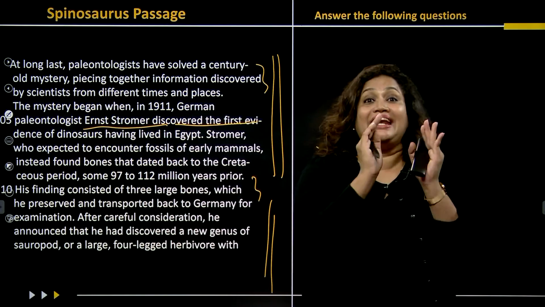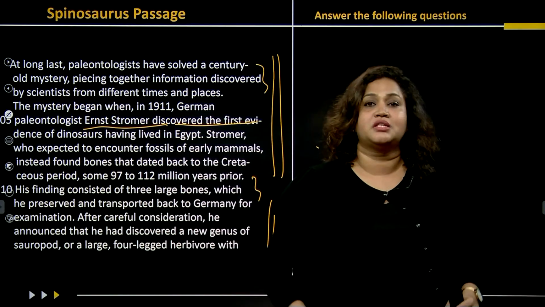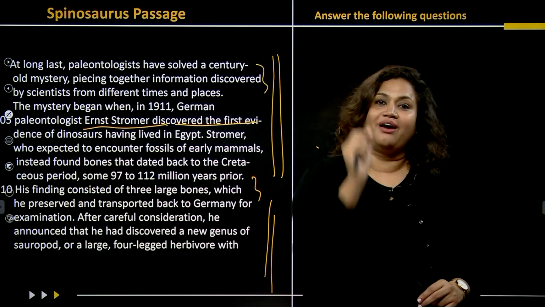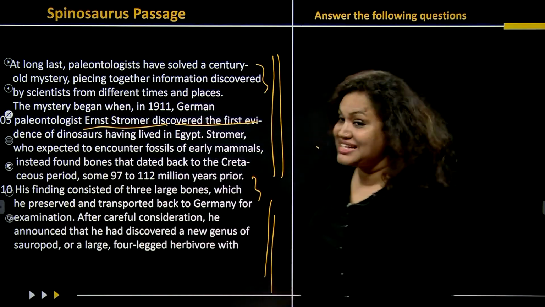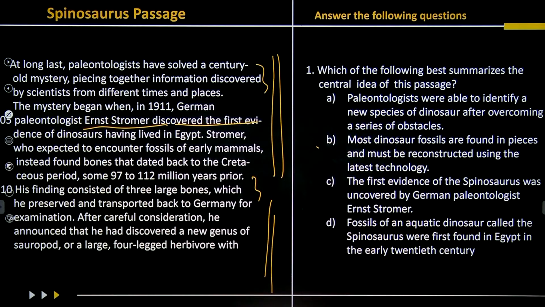We are basically eliminating the wrong options so that we can click on the right one. Okay. So let's start. We have the question: which of the following best summarizes the central idea of this passage? We have these 4 options.